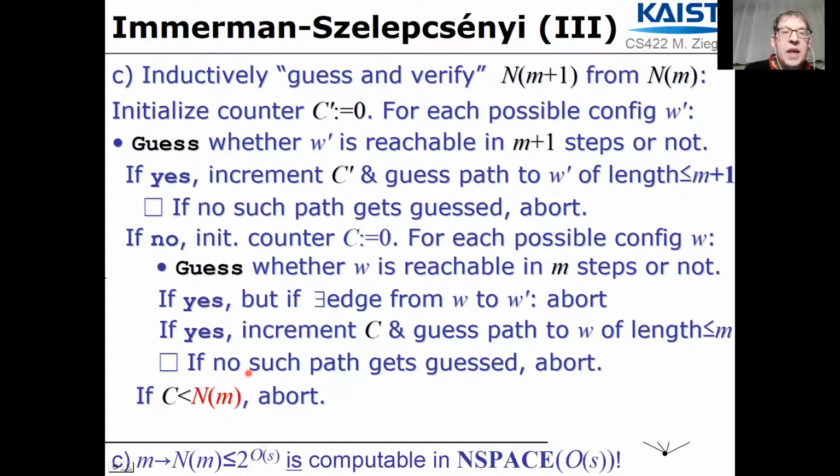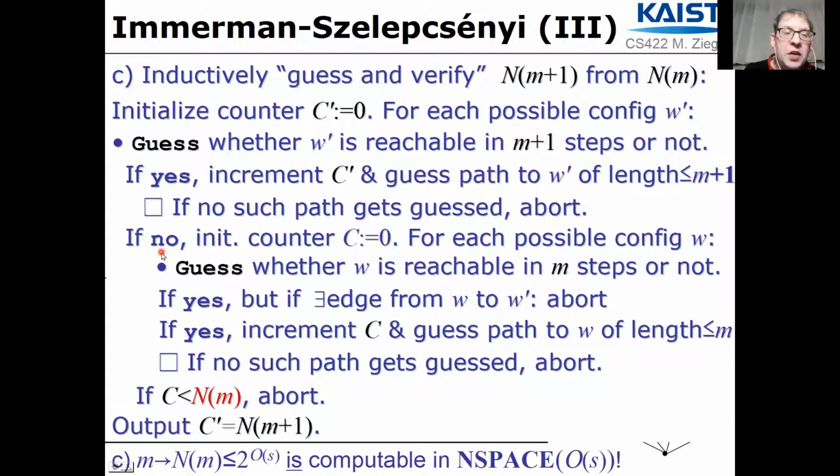And thus, at the end of this inner loop, using the techniques from item B, we can be sure that we have correctly guessed all vertices which are reachable within m steps and those which are not reachable within m steps. And having verified that from none of those reachable, the new vertex W prime is reachable, that means that the new vertex W prime indeed is not reachable within m+1 steps, and thus in the outer loop we have guessed correctly here as well.